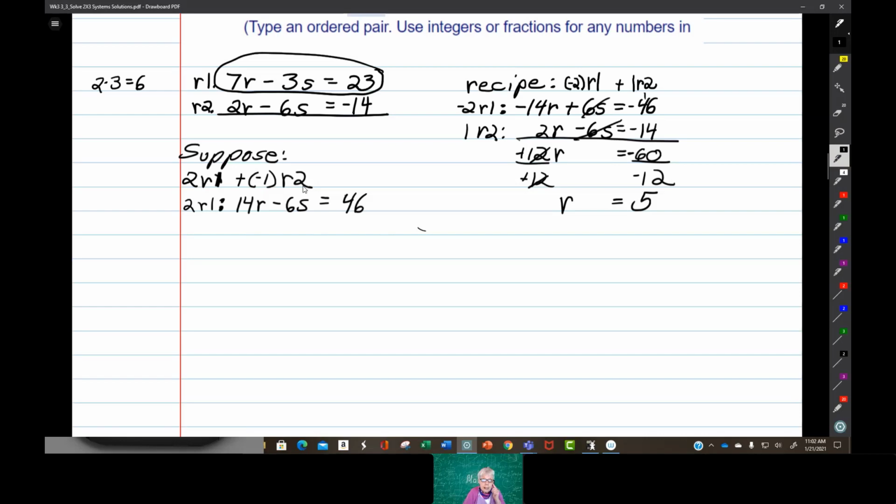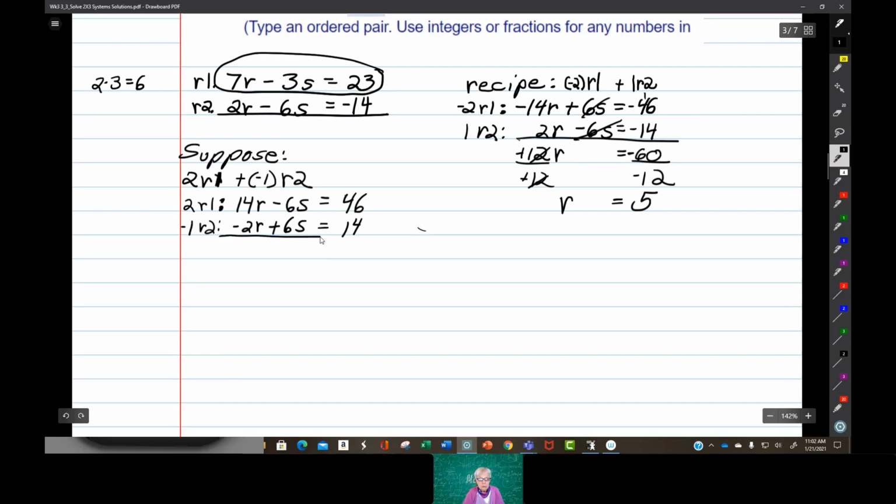Now, negative 1 times row 2 is going to be negative 1 times 2R is negative 2R, and negative 1 times negative 6S is going to be plus 6S, and negative 1 times negative 14 is positive 14.